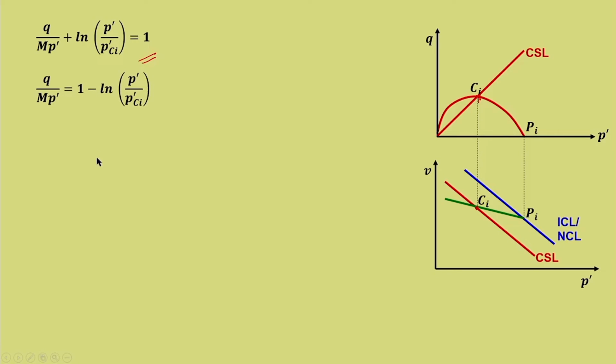Now, q by M p' is equal to 1 minus ln p' by p'Ci. I am just expanding it: 1 minus ln p' plus ln p'Ci. Here you can also designate this particular point as Vf. Why?